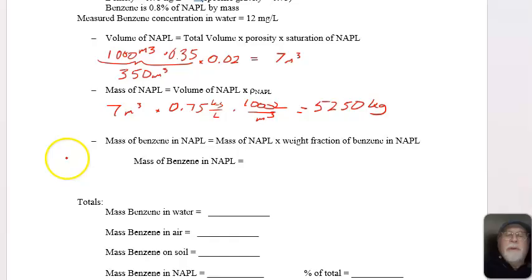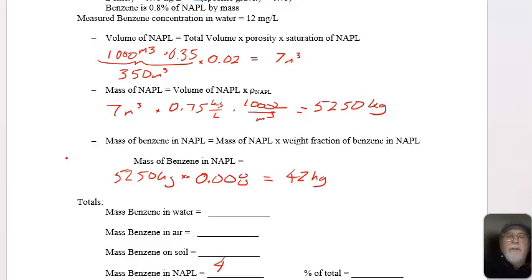So the mass of benzene in the NAPL then is the mass of NAPL, 5250 kilograms, times the mass or weight fraction of benzene in the NAPL, which is up here 0.8%. So it's 0.008, and that equals 42 kilograms.